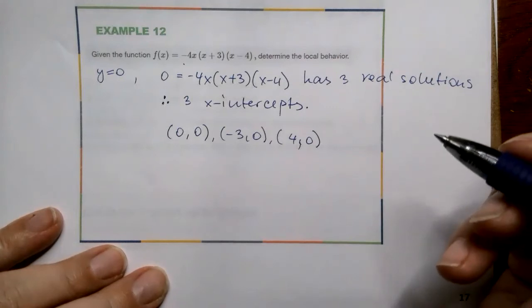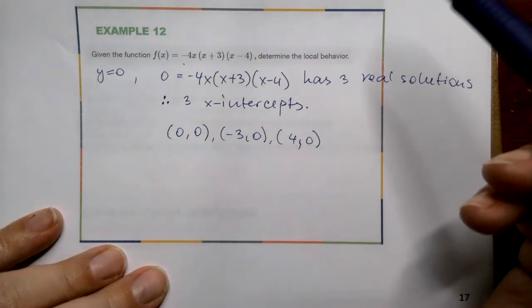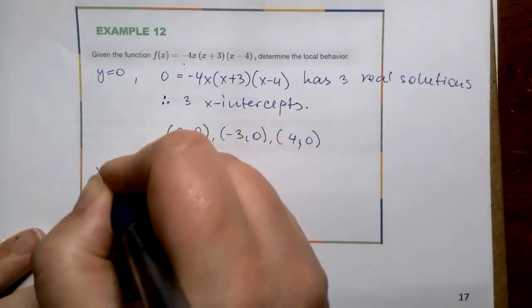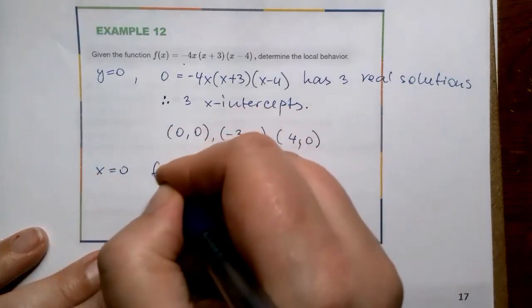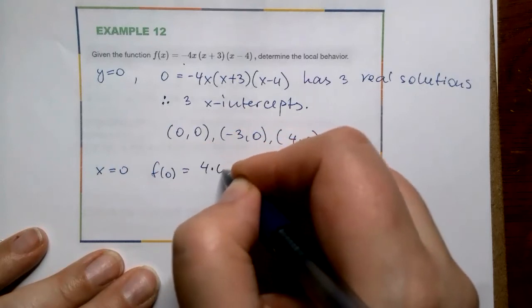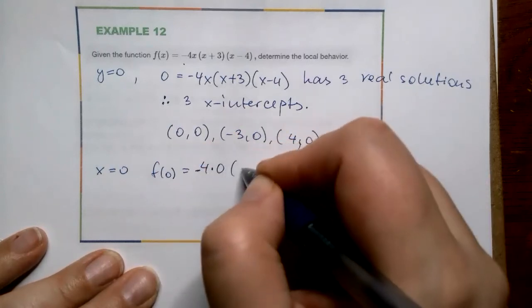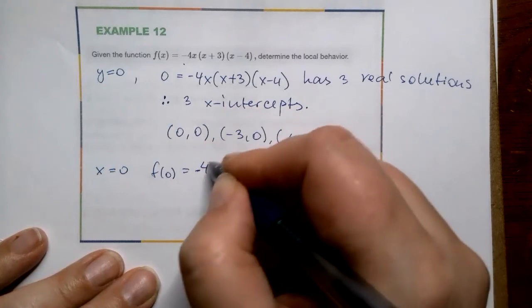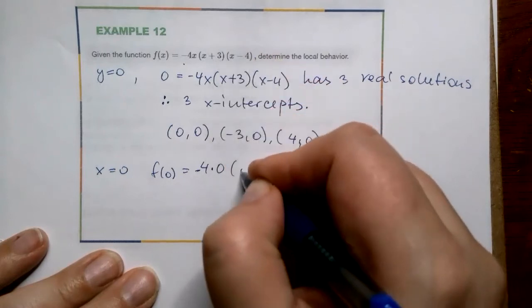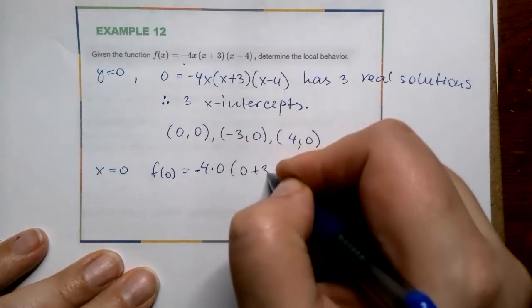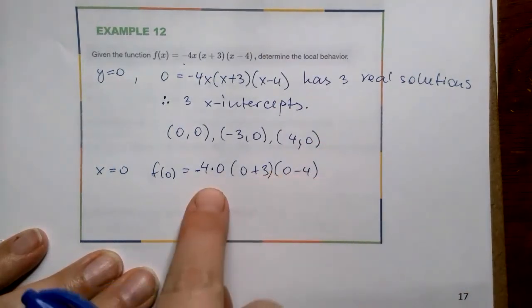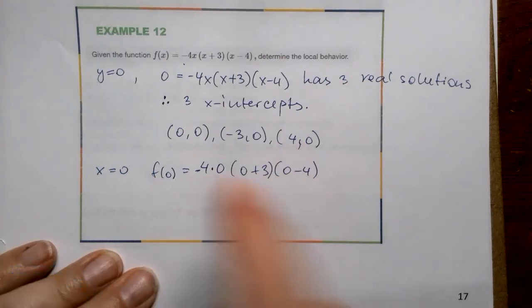What about the y-intercept? To find the y-intercept, we set x equals 0, and f of 0 is negative 4 times 0, and then we have 0 plus 3, 0 minus 4, which does not matter because it is all multiplied by 0, so it is going to give us 0.